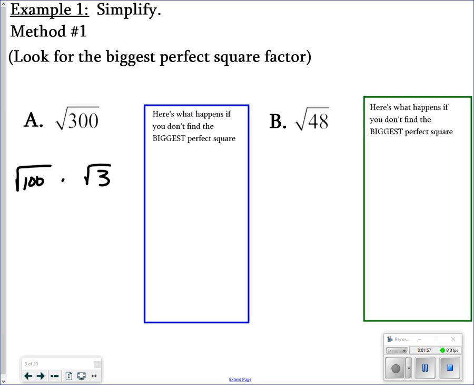We're up to 81, 100, 121, and 144. So you really should know those first 12 perfect squares kind of by heart, if you're going to use method 1, on the next page.